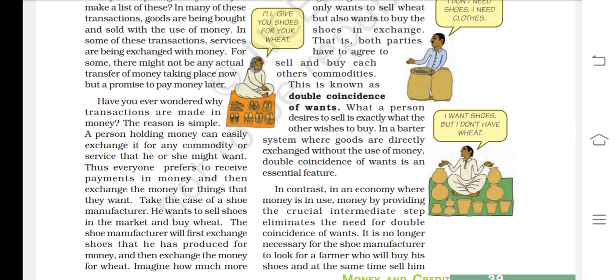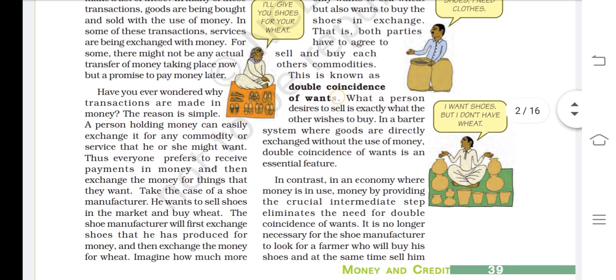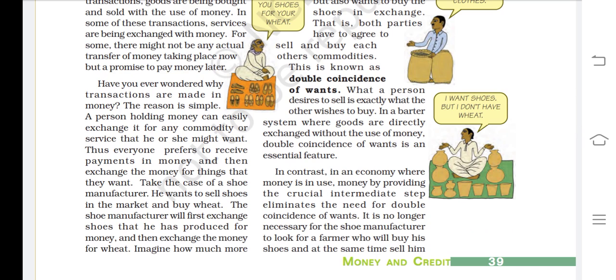Now, everyone prefers to receive payment in money and then exchange the money for things that they want. In the example I gave, if you want to buy something, you have to give money to the seller and he will give you the goods or the services. Here an example is given about a shoe manufacturer.